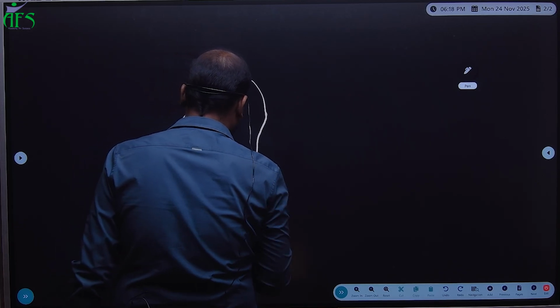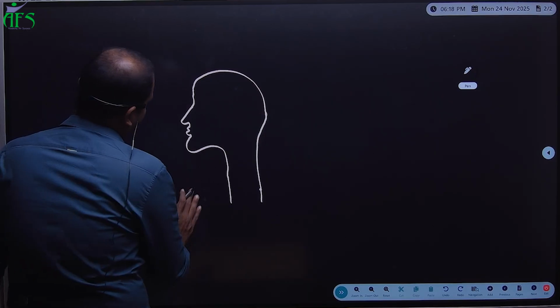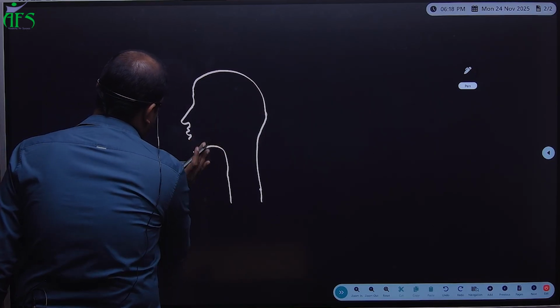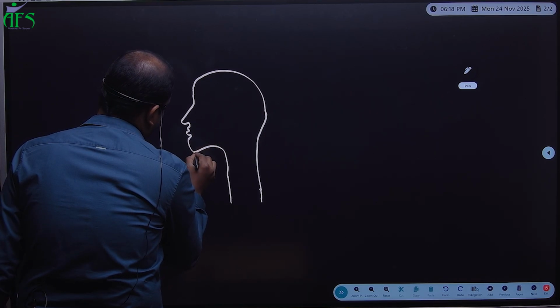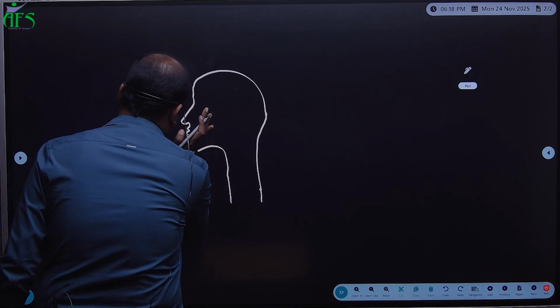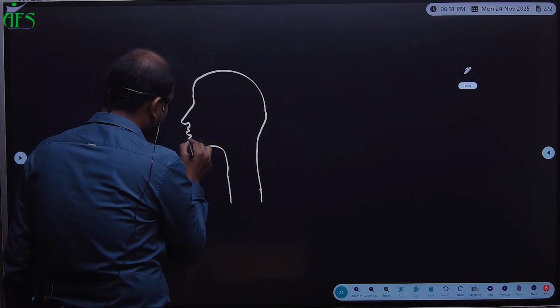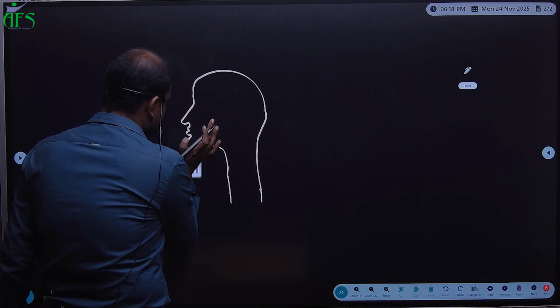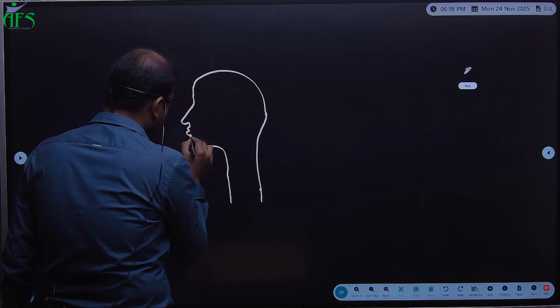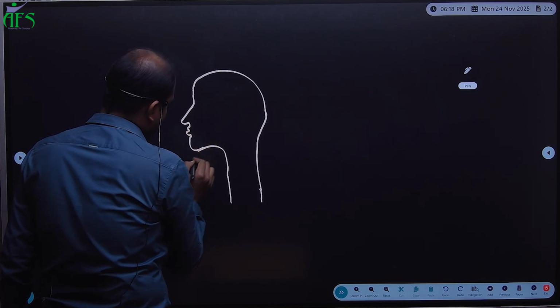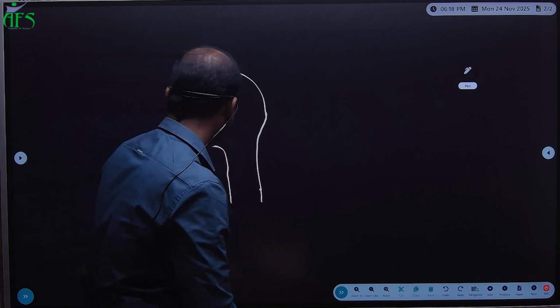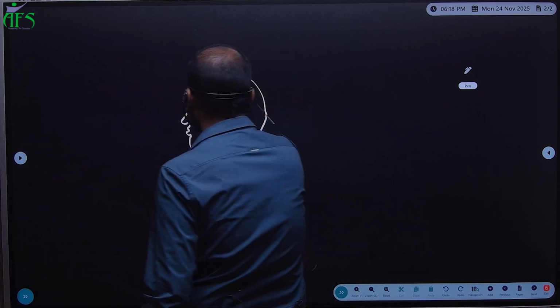If we consider this as the human body, eyes are here.